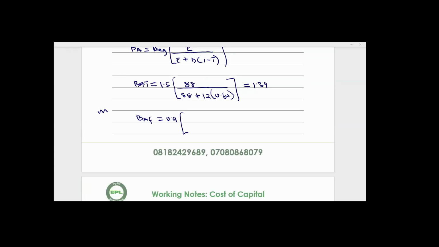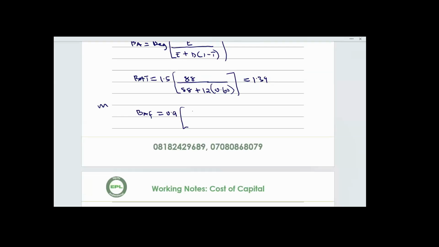If debt is 25%, equity will be 75. So here will be 75 divided by 75 plus debt 25, times 1 minus tax, that's 0.6.